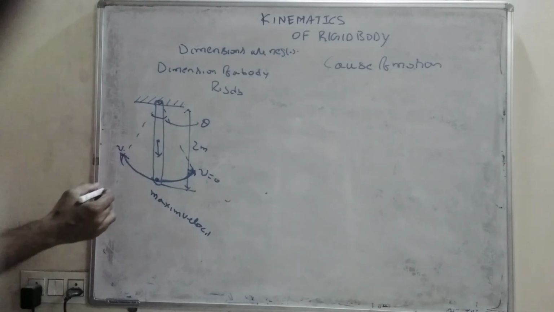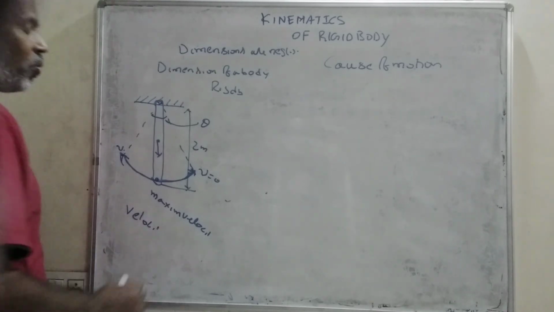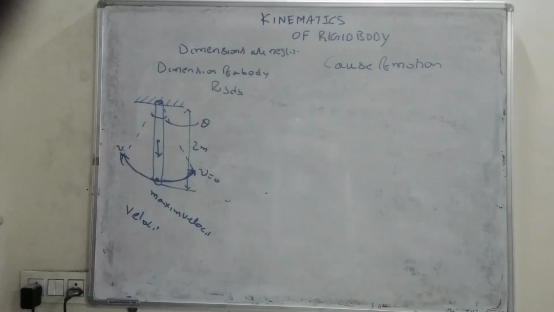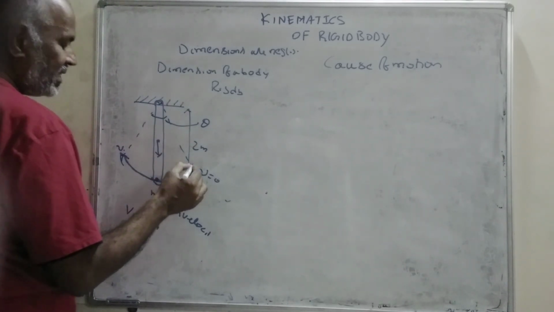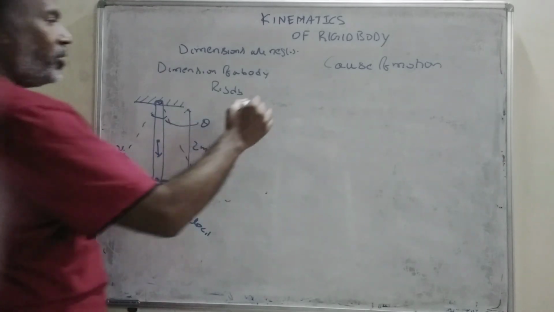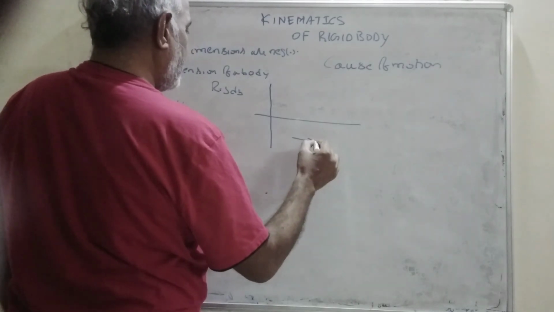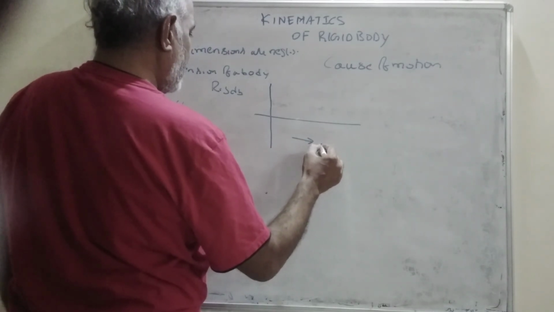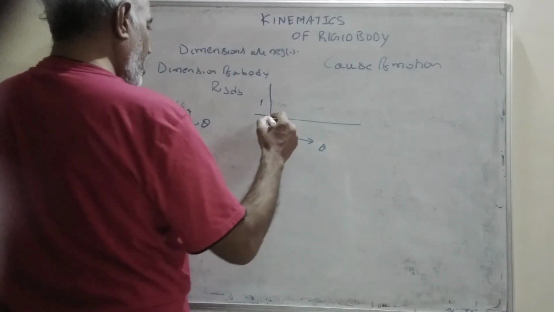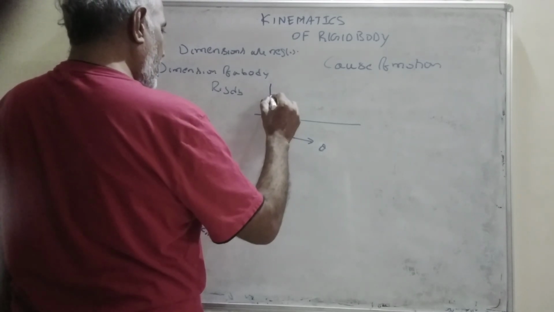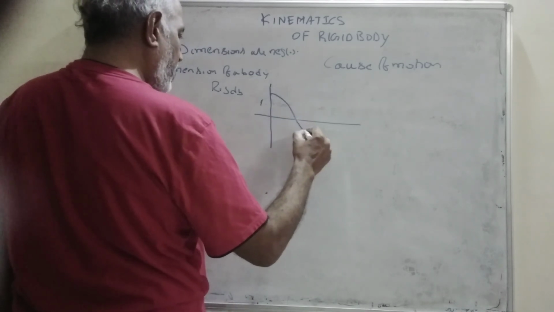Now, what is acceleration? Here the velocity is defined like this. If you draw a curve between time and theta and velocity, it goes from maximum velocity to minimum velocity to maximum velocity.